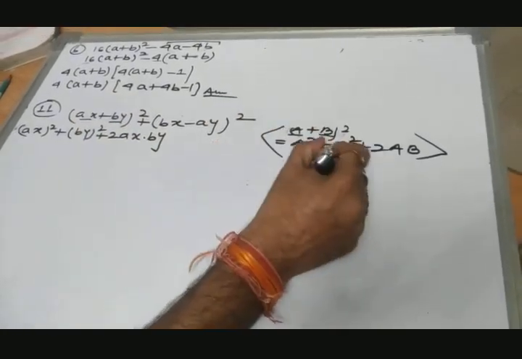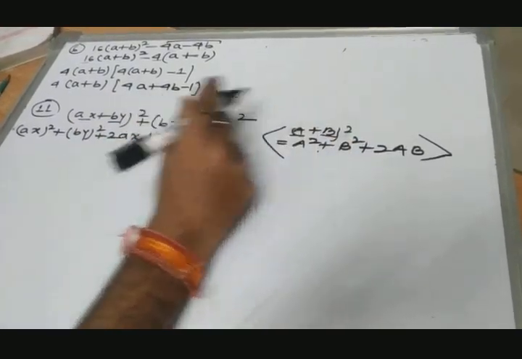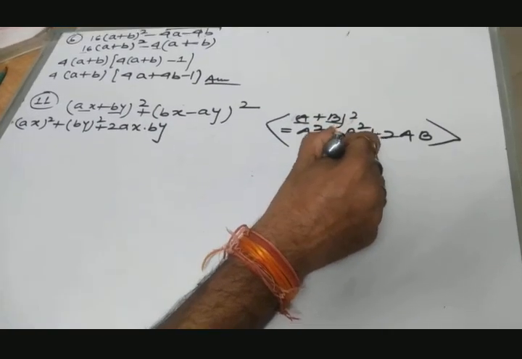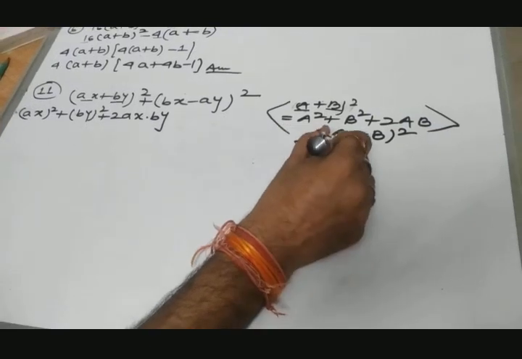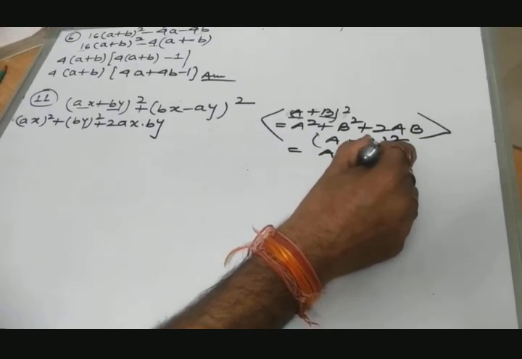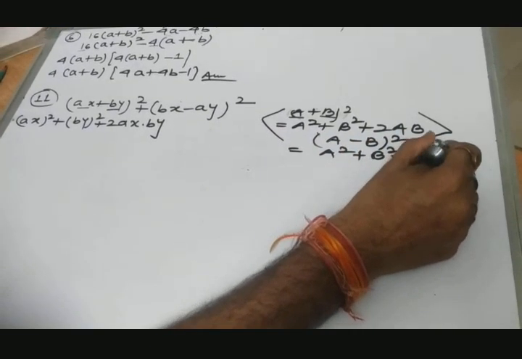Similarly, now the second term is given in the form of (a − b)², which is a² + b² − 2ab.